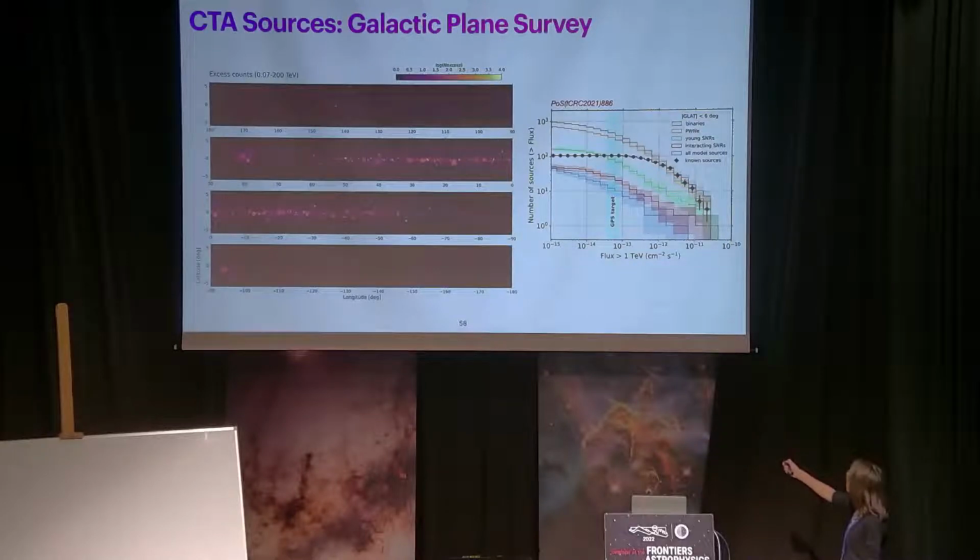You see the flattening here originates from the fact that current instruments have a sensitivity limit at 10 to the minus 12 per centimeter squared per second. While with CTA, we expect to go down in sensitivity and to be able to see many more sources. Many more sources would mean understanding how the sources are distributed, what the origin of the unidentified ones is, and being able to look for new physics on top of what we already know.